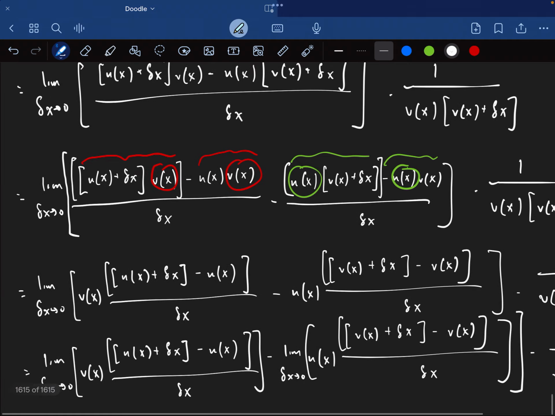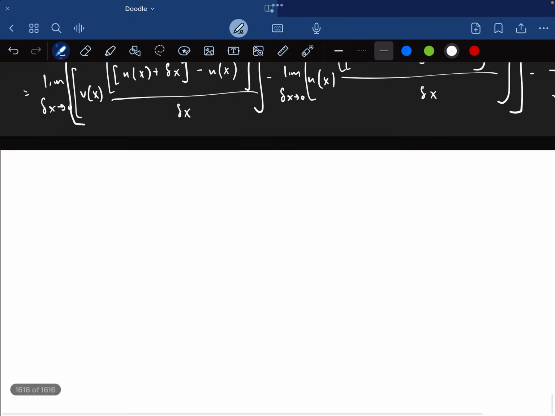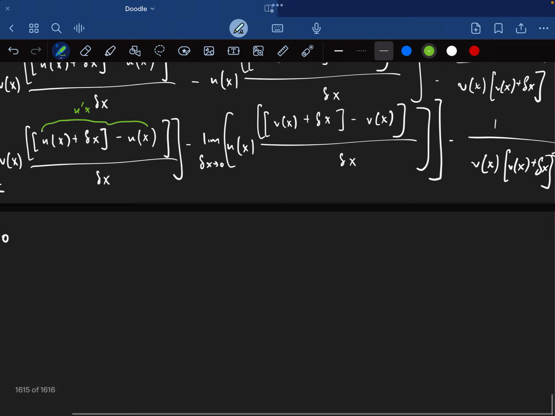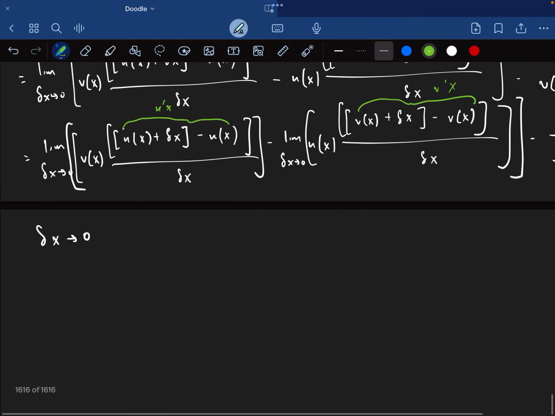Oops, right, another bracket. So this is where it all crumbles down. When this delta x approaches 0, this thing simply becomes u prime x, and this simply becomes v prime x.